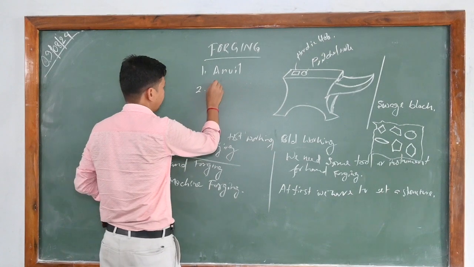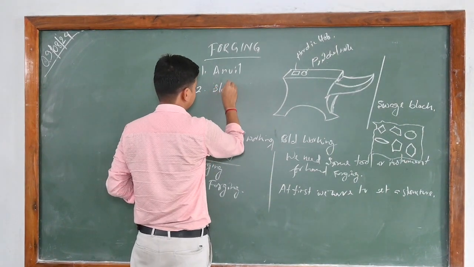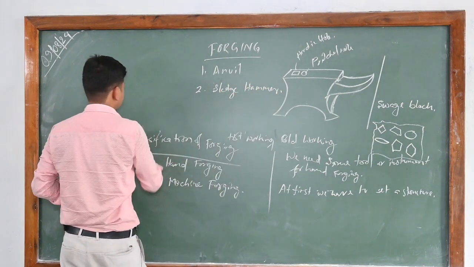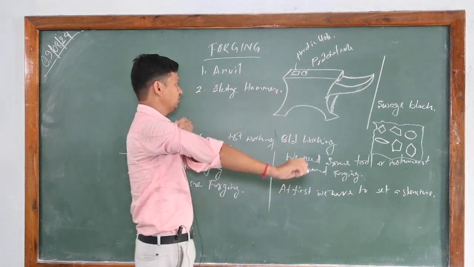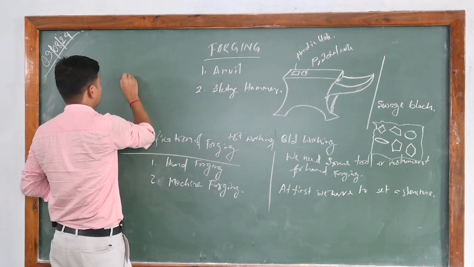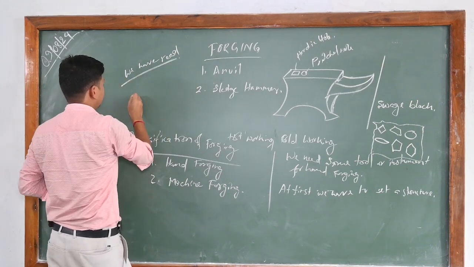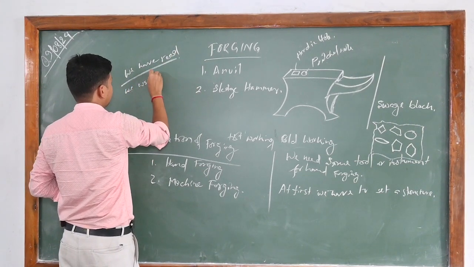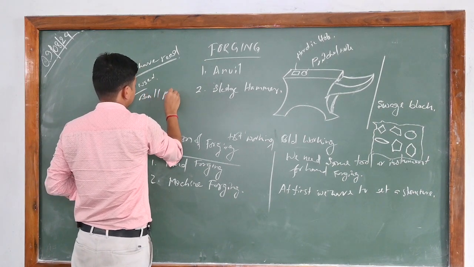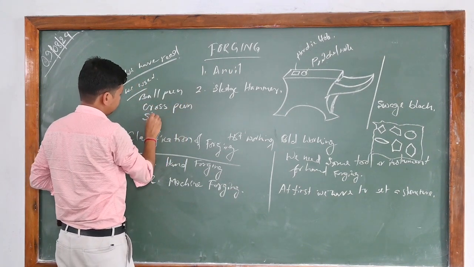Then we go to the hammer. In forging operation we use a sledge hammer. Sledge hammer is a hammer which is heavier than a normal hammer. We have read that hammers used in workshop are classified as ball pein, cross pein or straight pein.